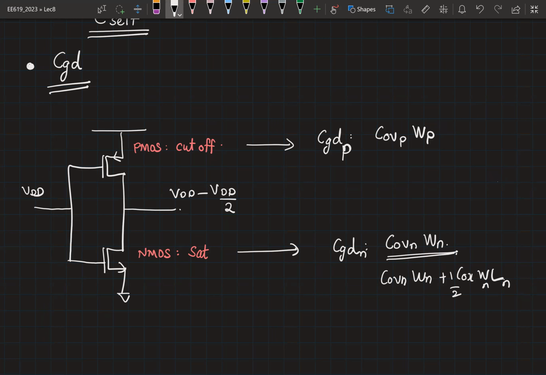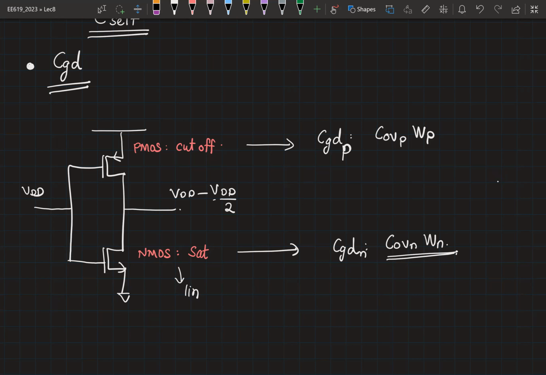Now it's also possible that it might enter into linear region by the time it gets to VDD by 2 point. In case it enters the linear region, for a short duration, the capacitance value will be this. But we are going to approximate and say that the capacitance value is equal to COV into WN. Only the overlap capacitance we will account. Now, if you had both the values, then you have to find out the duration for which it is in saturation region, the duration for which it is in linear region, and take the average.